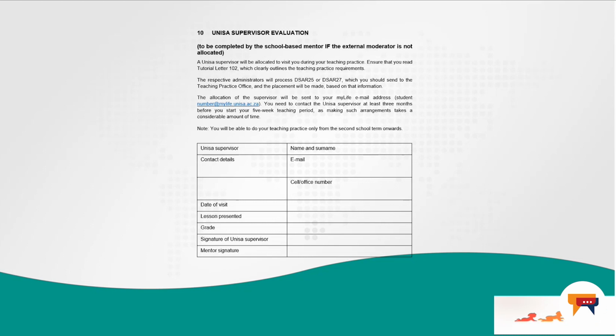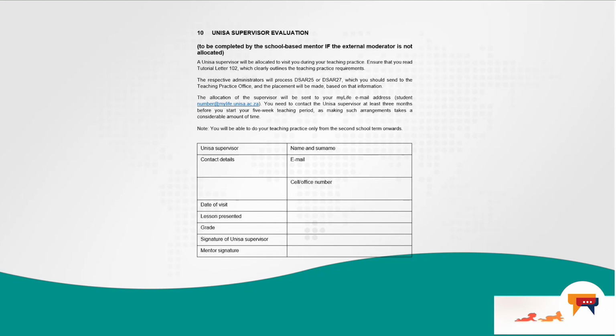After all that you have done, if there was no supervisor allocated to you, then your school-based mentor, there I've written, to be completed by the school-based mentor if the external moderator is not allocated.